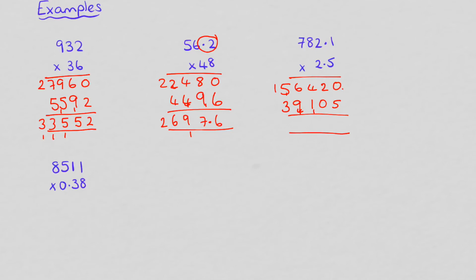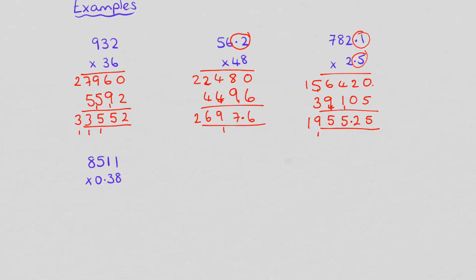So adding up, we've got 0 add 5 is 5, 2 add 0 is 2, 4 and 1 is 5, 6 and 9 is 15, 5 and 3 and 1 is 9, and then you've just got 1. And if we have a look at the question, we've got 2 decimal places in the question, 2 numbers after the decimal point, so we need the same in the answer, so the point goes there, 1955.25.